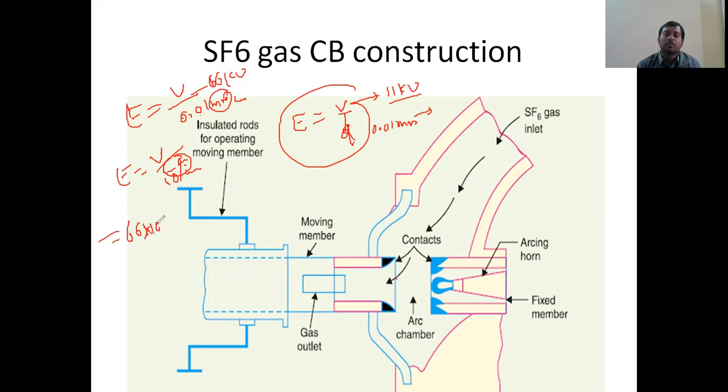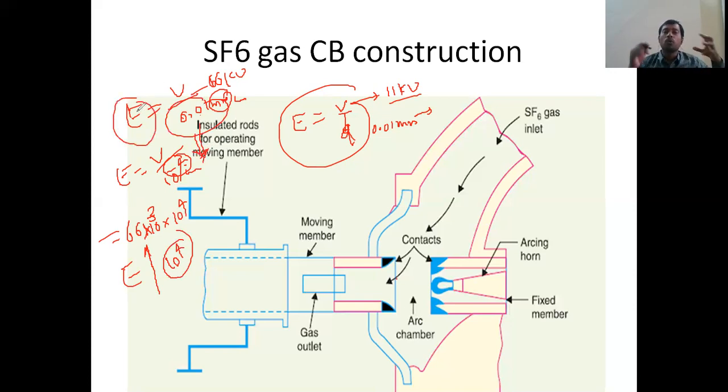So the electric field intensity increases by 10 power 4 times, because the distance between the two contacts is very small. So the electric field intensity appears at the ending of the contacts.